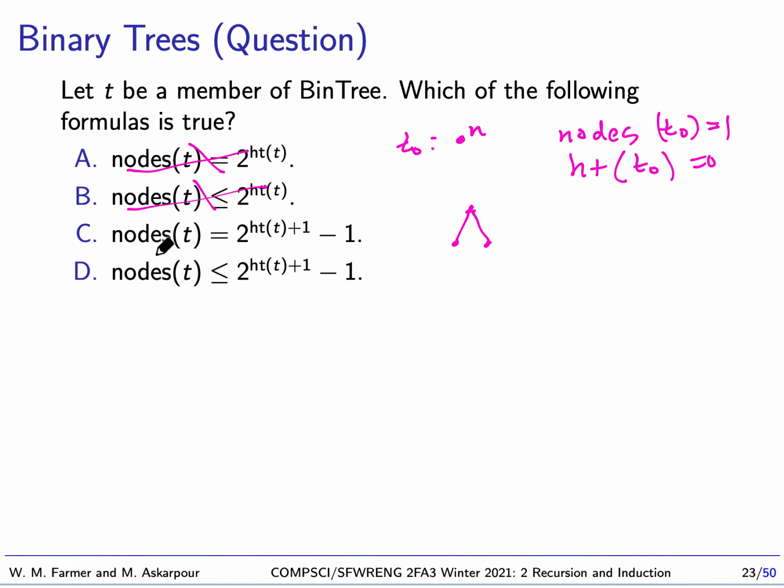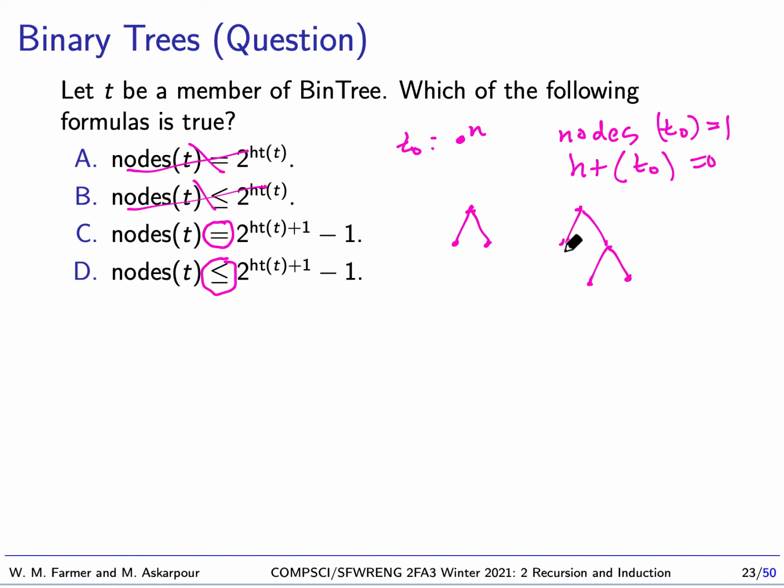And this does not work. This works because we have 3 equals 2 to the 1 plus 1, which is 4, minus 1. But notice we have two choices here. Is it always this, or is it sometimes less than this? So let's take this example. The height of this is 2.